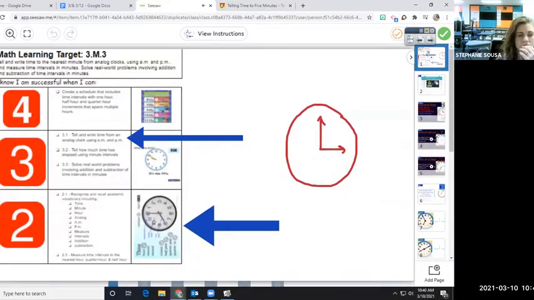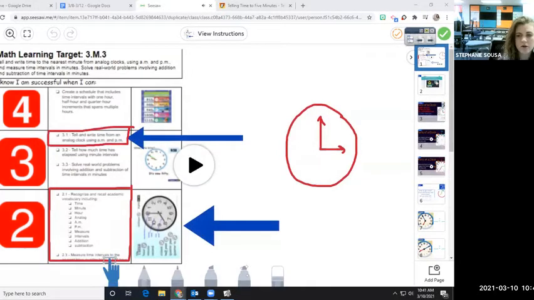Today we're going to focus on telling time to the nearest 5 minutes, which is a second grade skill. The third grade skill, which we will practice more tomorrow, is telling time to each minute. Today we will be listening for your vocabulary as we talk about parts of a clock and as we tell time and write the time from an analog clock.